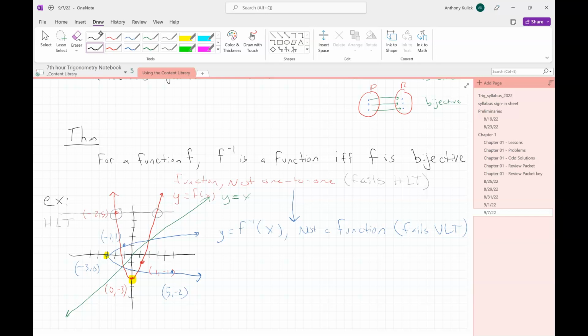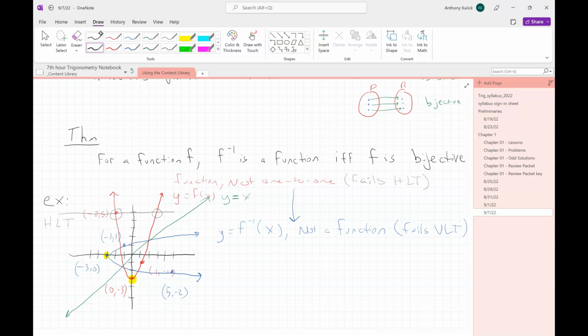Everybody kind of catch that explanation there? What do we have to be really careful about when you're writing an explanation like that? Your pronouns, right? Saying "it" is a bad idea. Say whether you're talking about f or f inverse, right?